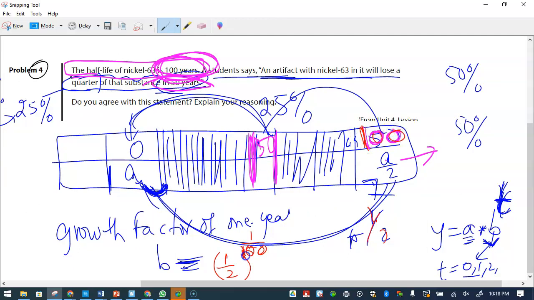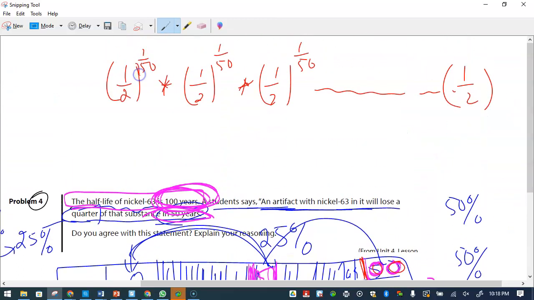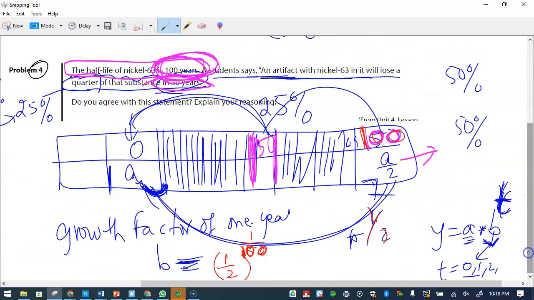So that's why I have to divide by 100. I'm sorry about that. So it is 100, 100, 100 like this, and you do this 100 times. So you will get 1 over 100 times 100, and you really get your half, the factor which we were saying this half. So we are right. This is for 1 year.